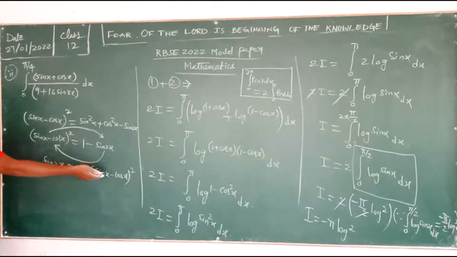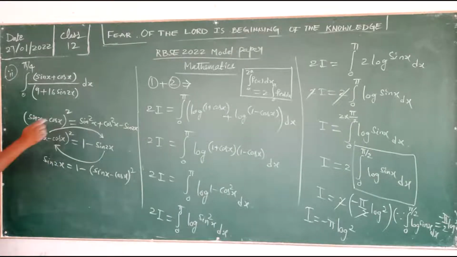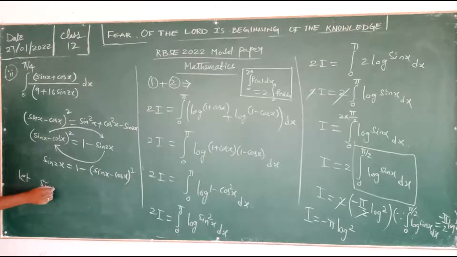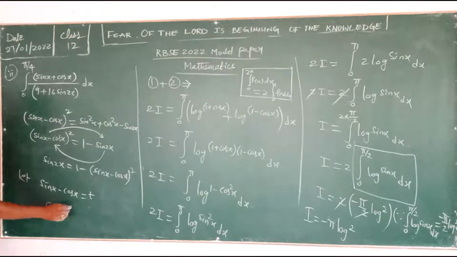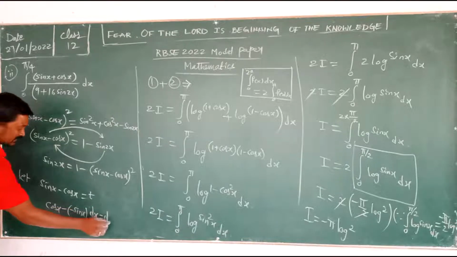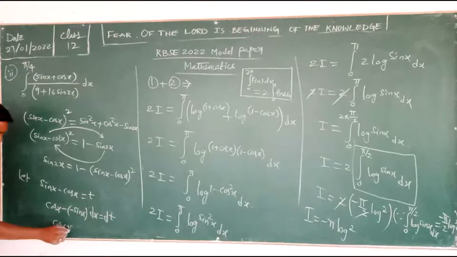Writing in this form, let sin x minus cos x be equal to t. Then what will happen? d by dx of sin x is cos x, minus d by dx of cos x is minus sin x, so dt is equal to minus into minus plus, cos x plus sin x into dx.